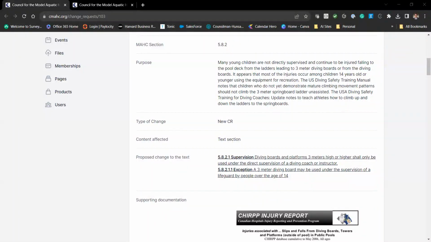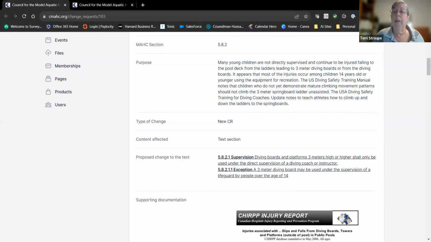John Kelly put in the chat that it's a given that there's 14-year-olds. It's a given that you're not going to allow children under the age of 14 to use a 3-meter board, that he included that in the documentation. Yeah.